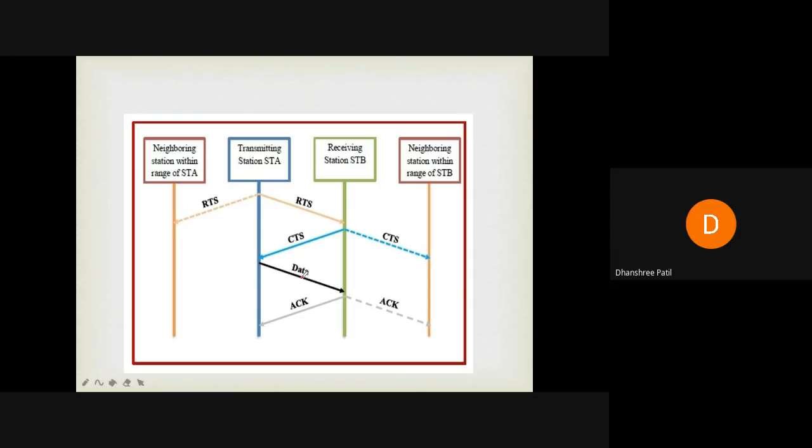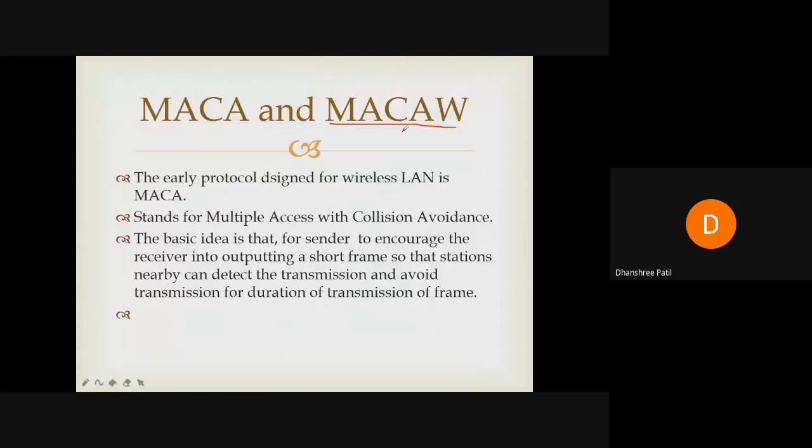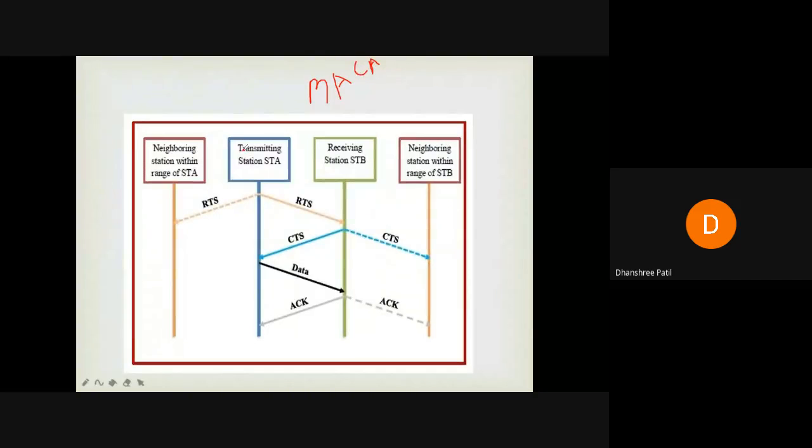This is the working of MACA, the first protocol, multiple access collision avoidance.